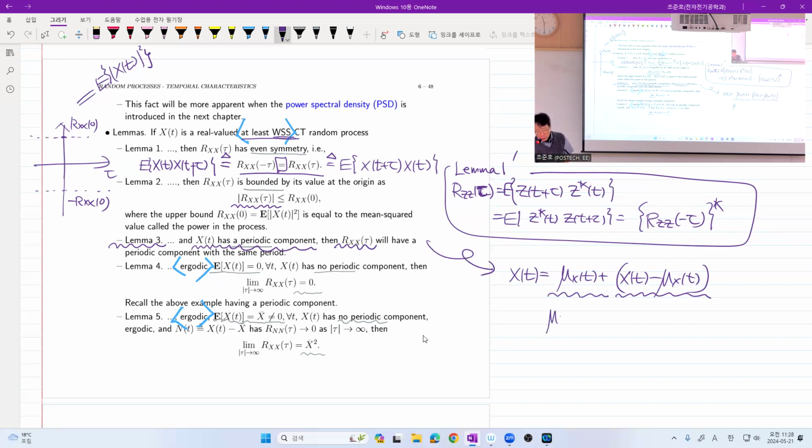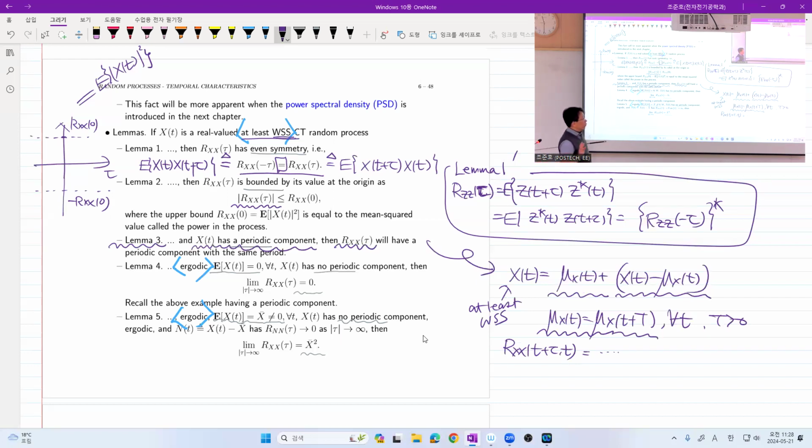Think about the case where it is periodic with some positive period T. Now, what is the autocorrelation function? If you calculate it, and if you assume this is at least wide-sense stationary, then after some computation, you will see that due to this periodic component, you have a periodic component in the autocorrelation too. Got it? That's what is written here.